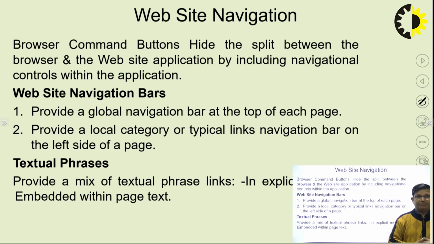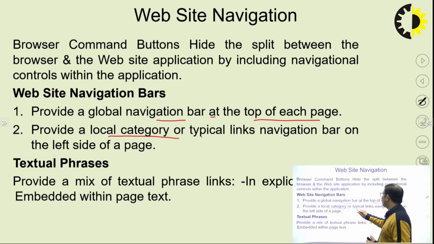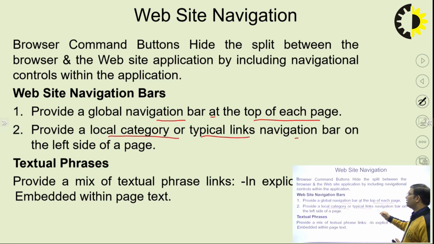Browser command button: hide the split between the browser and the website application by including navigational control within the application. Website navigation bars: provide a global navigation bar at the top of each page and provide a local category or typical links navigation bar on the left side of the page.